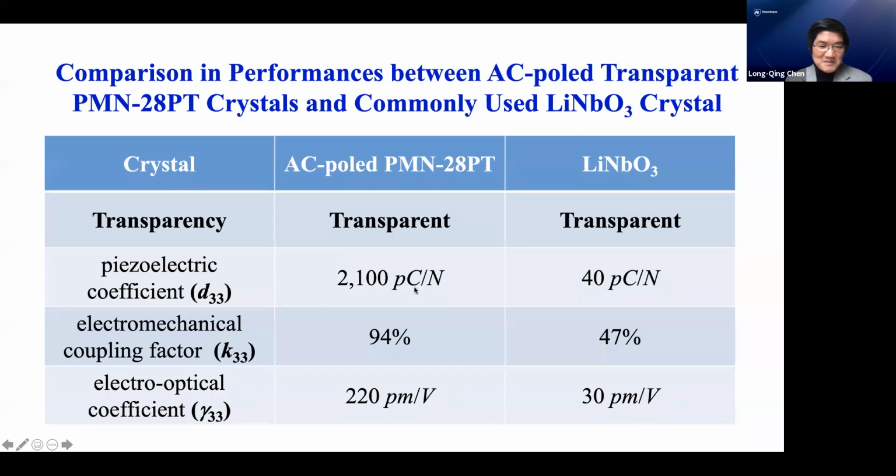If you compare the electromechanical coupling factor, this is almost double, so 94% compared to 47%. And now for the electro-optical coefficient, again, this is another like 7 times better, right?